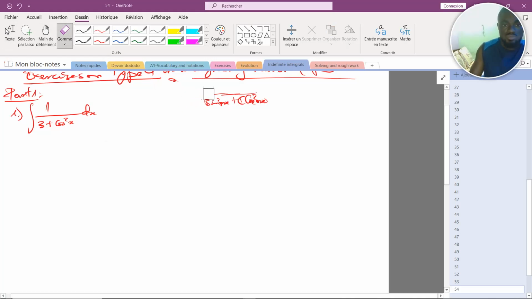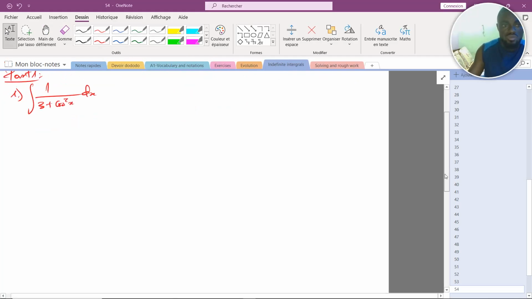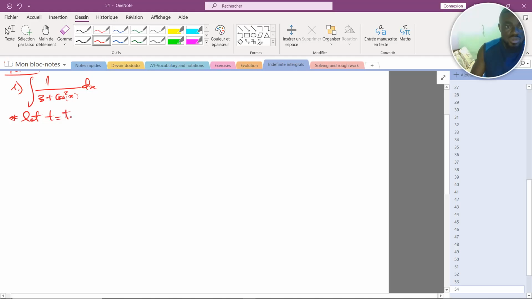So let's proceed without wasting time. I let t equal tan nx. What is our nx here? Our nx here is simply 1 times x. That is, let t equal tan x.